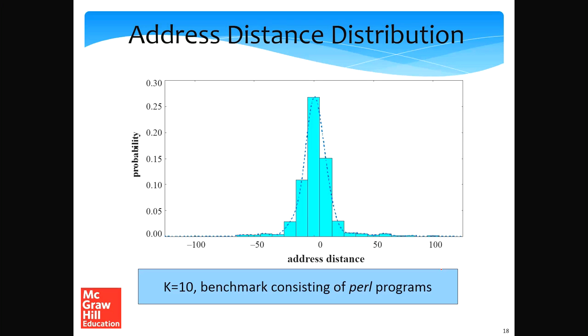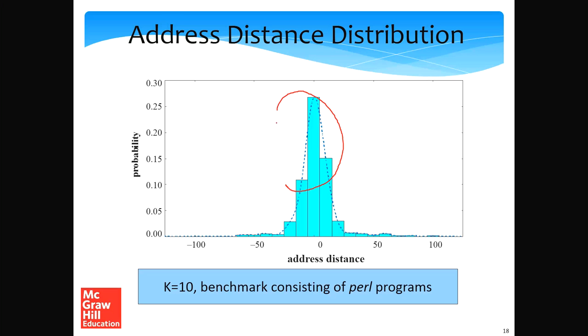So let me quantify, again let me consider a case where k is equal to 10, and let me consider a benchmark, a workload consisting only of Perl programs. And let me plot the address distance. So if I do a probability density function of the address distance, what I see is that the highest probability is centered around 0. So that's the highest.